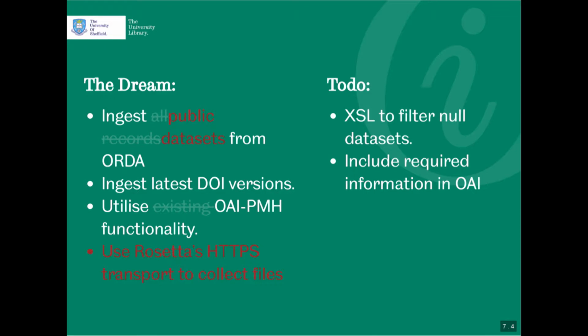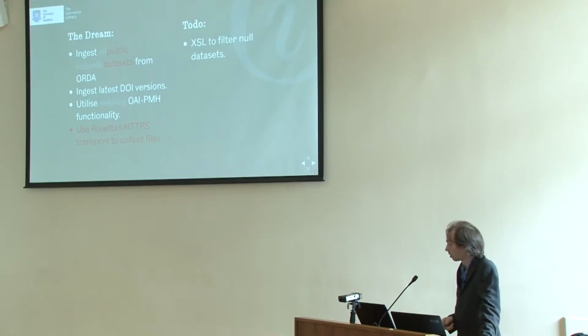That's going to cause some issues because Figshare doesn't allow private data sets to be accessible. So we can't collect those. We've changed our goals a little bit, so we'll take public data sets and ones that are not just metadata records, ones that actually have data.